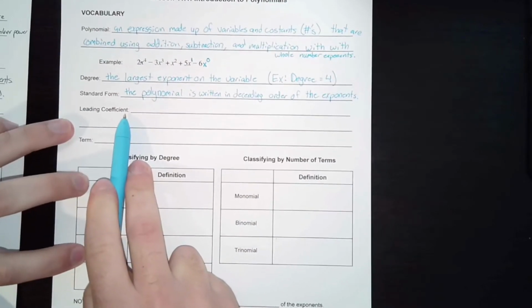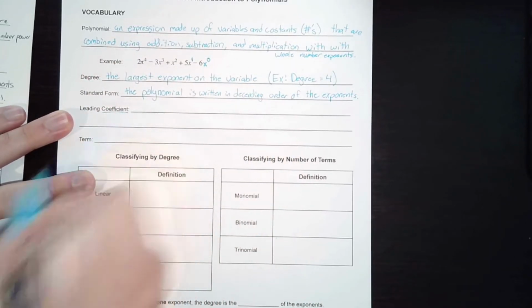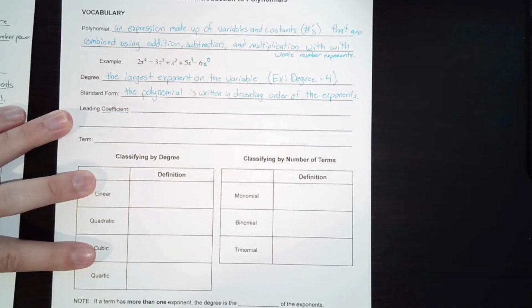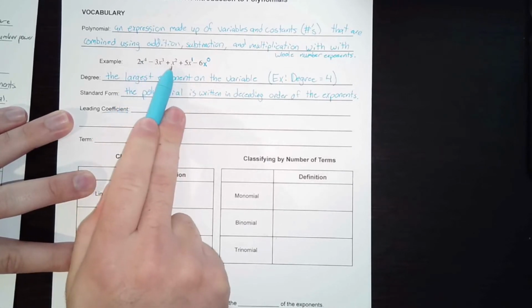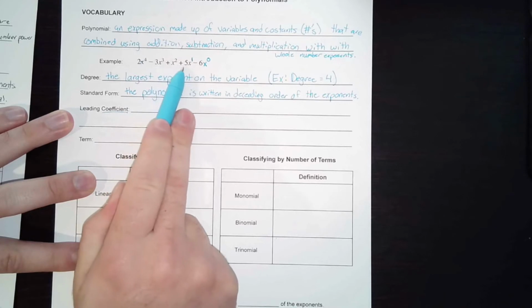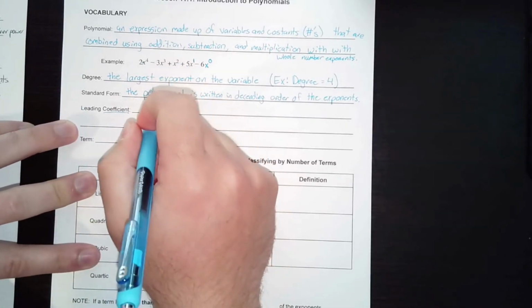Next thing we get is what's called the leading coefficient. Hopefully, first of all, you remember the word coefficient. Coefficients are these numbers that sit in front of our x's. So the 2, the -3, the 1 that's here in front of x squared, the 5 are all coefficients. The leading coefficient is the one on the first term.